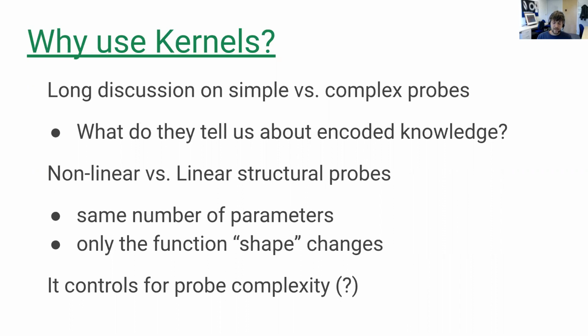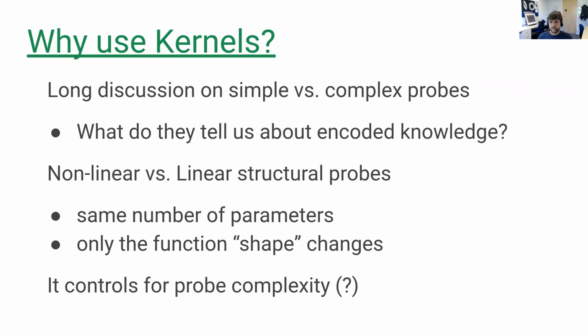So this is where the nonlinear versus linear structural probes come in. And both these probes have exactly the same number of parameters. And by introducing the nonlinear kernels, we only change the shape of the function that they can learn, but without changing their capacity or the number of parameters that they can use.